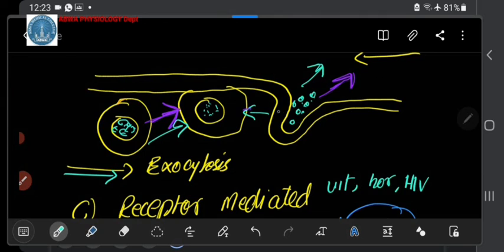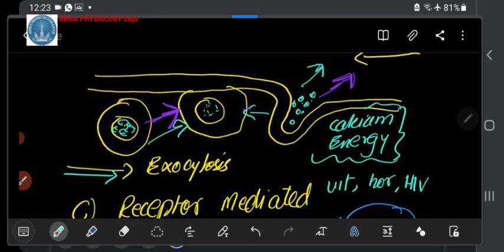The reverse of it is pinocytosis or endocytosis. It requires energy, it requires calcium for contraction, and may need some hormones depending on the body condition.